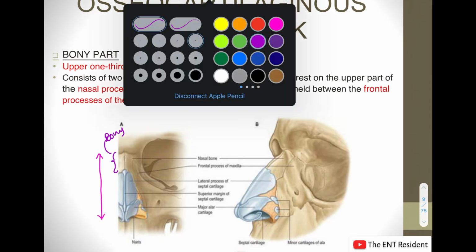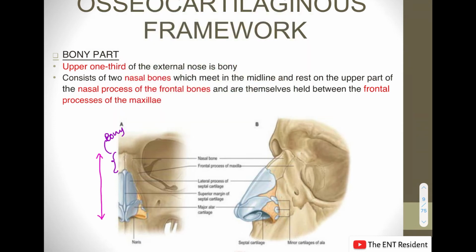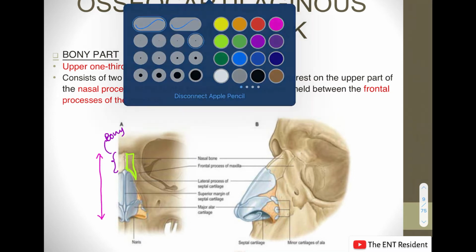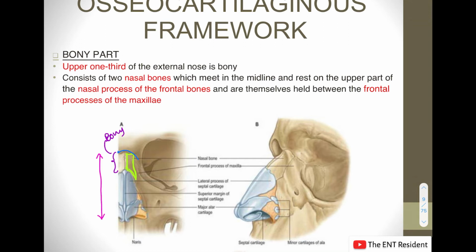If we see in the picture, the first part is the nasal bone. There are two nasal bones on both the sides, which are meeting in the midline, and they themselves are resting on the upper part. This is the nasal process of the frontal bone, this bone over here.